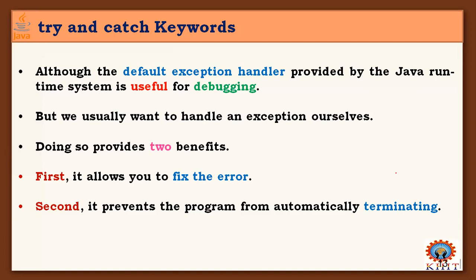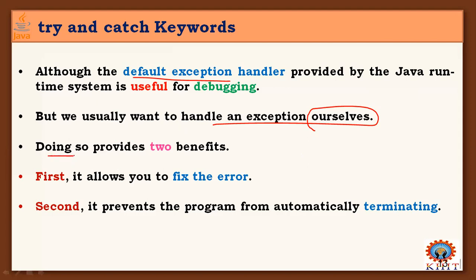So the default exception handler is useful when you are debugging the program. But the concept here is that we are not handling the exceptions ourselves. It is handled by the system itself. But we usually want to handle an exception by ourselves.